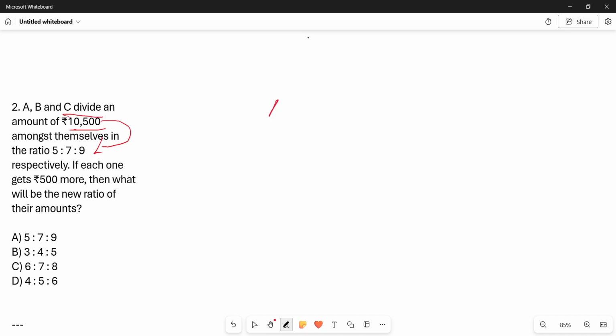So very simple, guys. First write the ratio. A is to B is to C. Three friends. What is the ratio divided? 5 is to 7 is to 9. Can you tell me how many parts? 5 plus 7 plus 9 gives 21 parts.